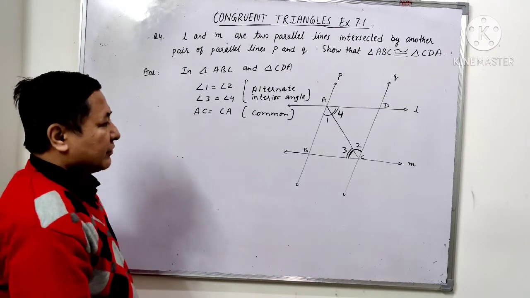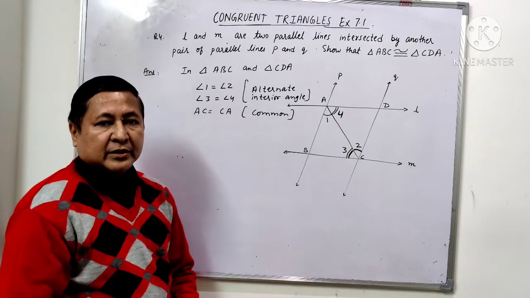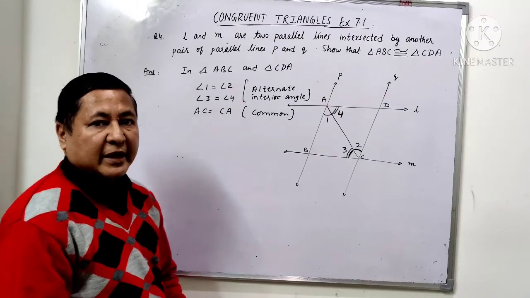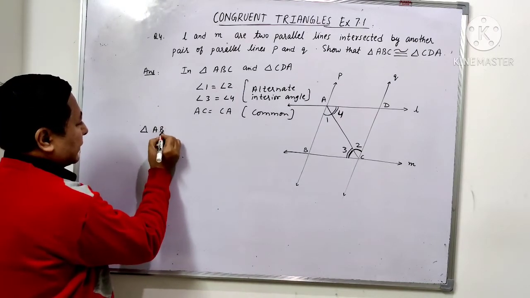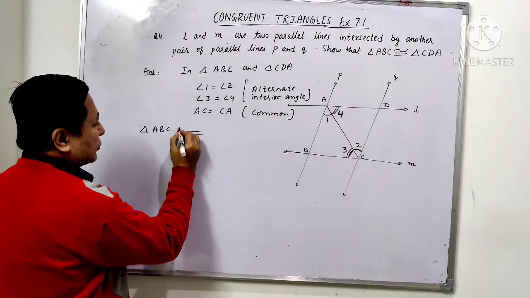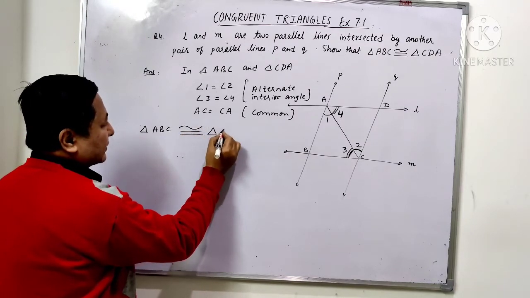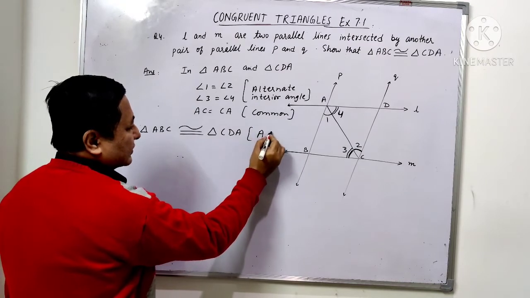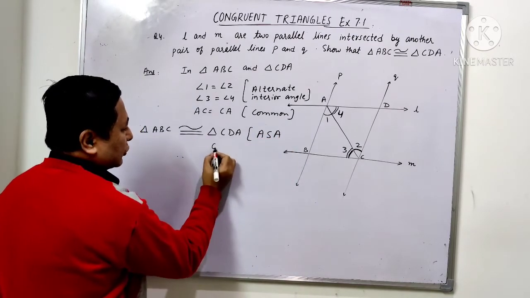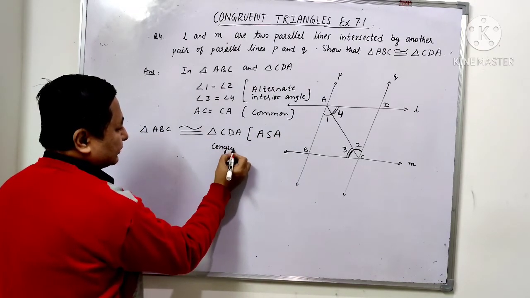So they are congruent by the rule angle side angle. So triangle ABC is congruent to triangle CDA by which rule? The angle side angle congruence rule.